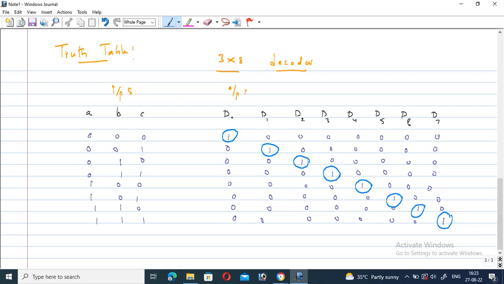Suppose you are representing the logic expressions for the outputs of the decoder. We can write like this. D0 is activated only for the A bar, B bar, C bar combination. D1 is activated for A bar, B bar, C combination. D2 is activated for A bar, B, C bar.